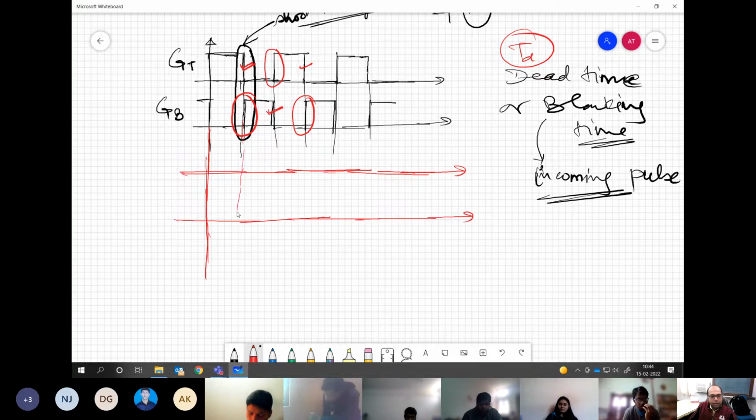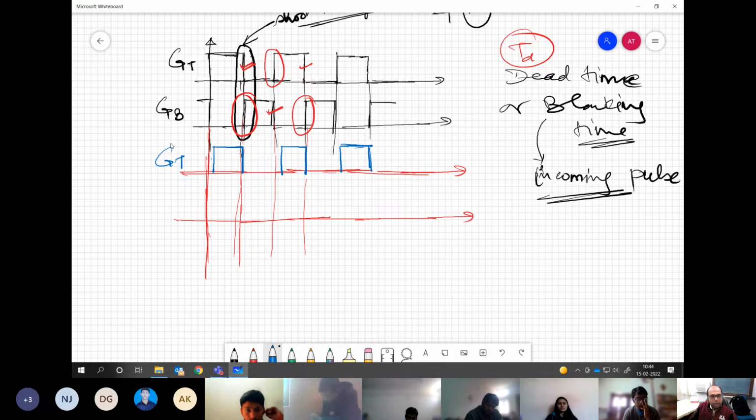So what will happen in effect, our top device will have a gate pulse which will be looking like this. Notice the delay from the actual rising edge. You understand the point? And for the bottom, this I call GT prime, let us say, and GB prime would be delayed, and then it will continue up to the full time period, up to the turn off time, and then this also will travel up to this point.